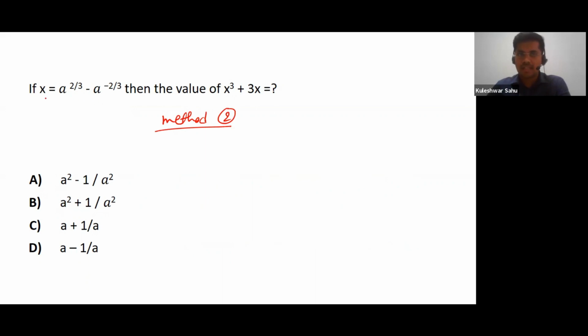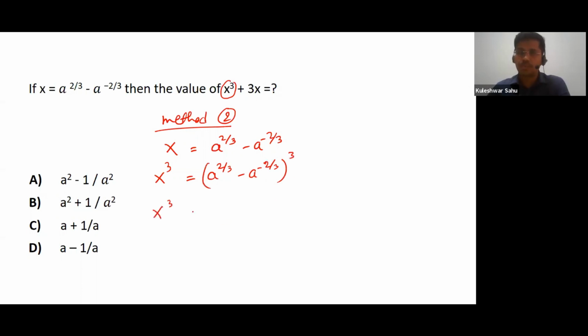Now, we have x is equal to a to the power 2 by 3 minus a to the power minus 2 by 3, and we need x cube here. So it's better if we cube both the sides in the given equation. Let's cube both the sides. So we are going to get x cube is equal to a to the power 2 by 3 minus a to the power minus 2 by 3, whole cube.